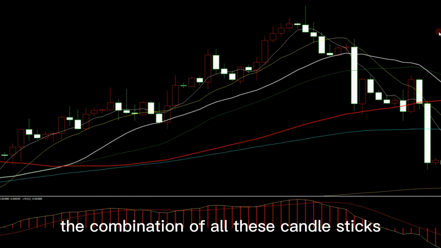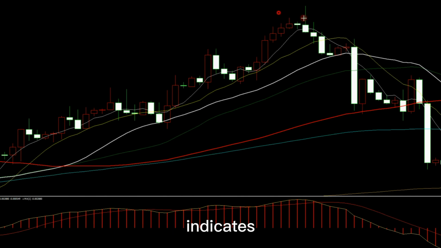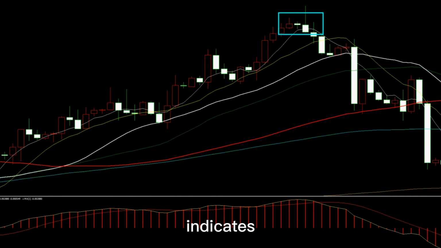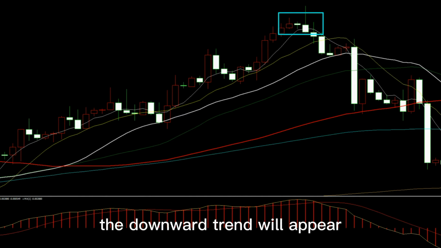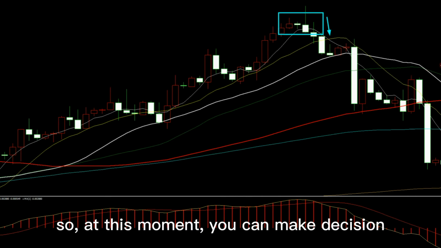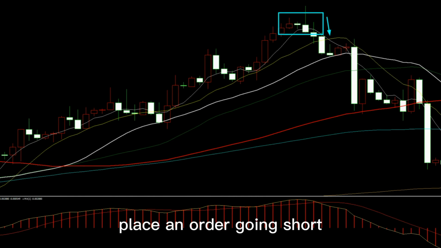The combination of these candlesticks indicates a downward trend will appear. So at this moment, you can make a decision, place an order of going short.